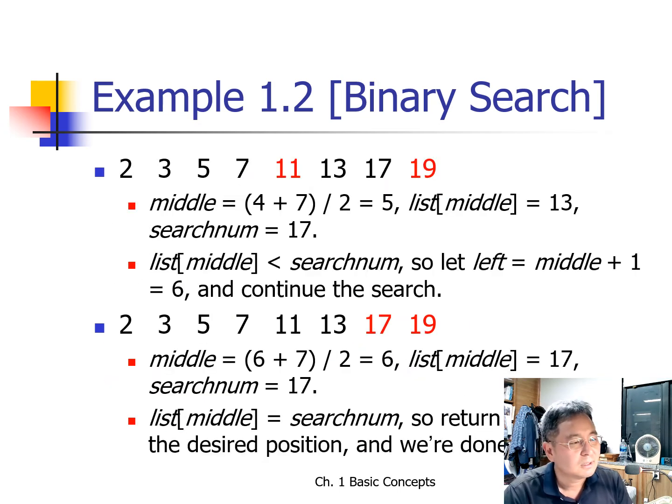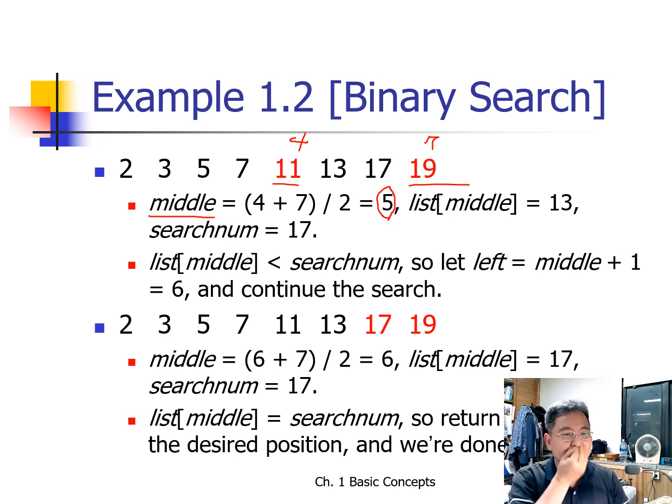Now left is 4, the index of 11, and the right is 7, the index of 19. So the new middle number can be calculated by adding 4 plus 7 divided by 2 equals 5.